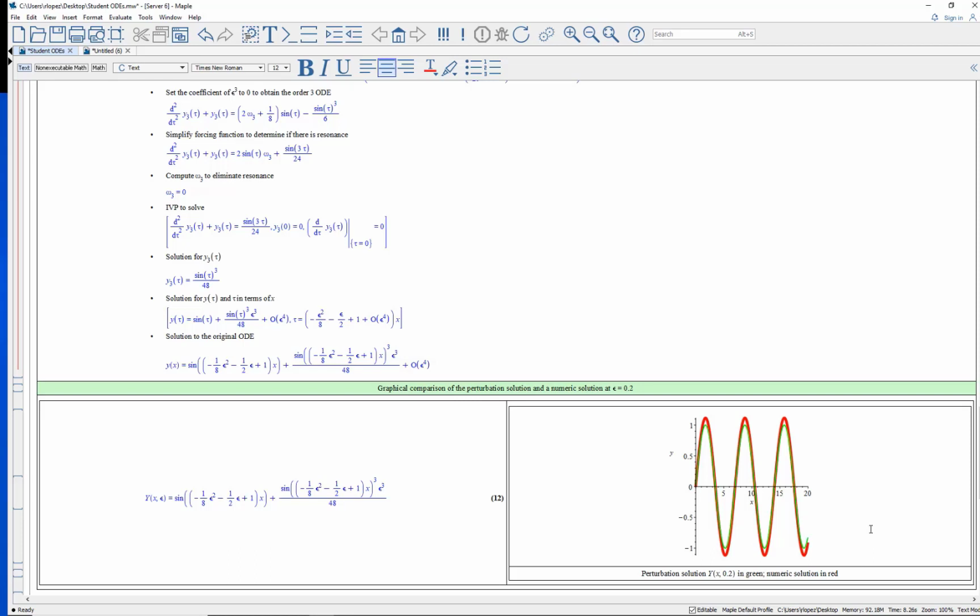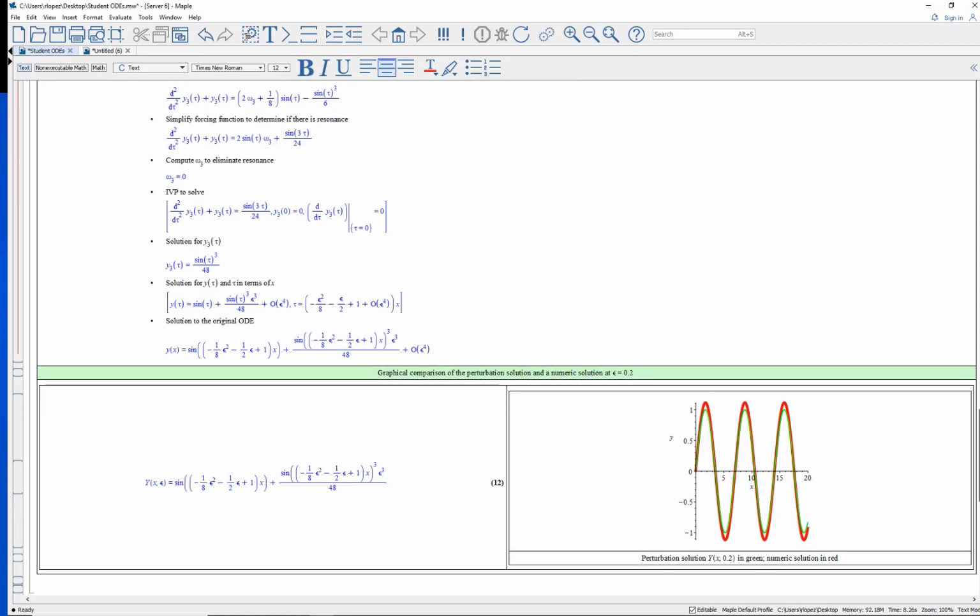And I solved that problem, you see it in green. In red, I did a numeric solution, and I'm out here to 20, x equals 20, and that looks like a pretty good approximation, and that's why this method has survived in the literature.